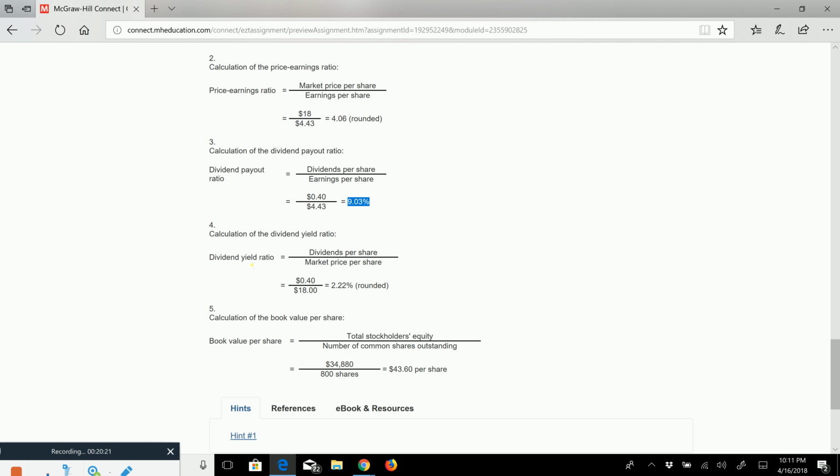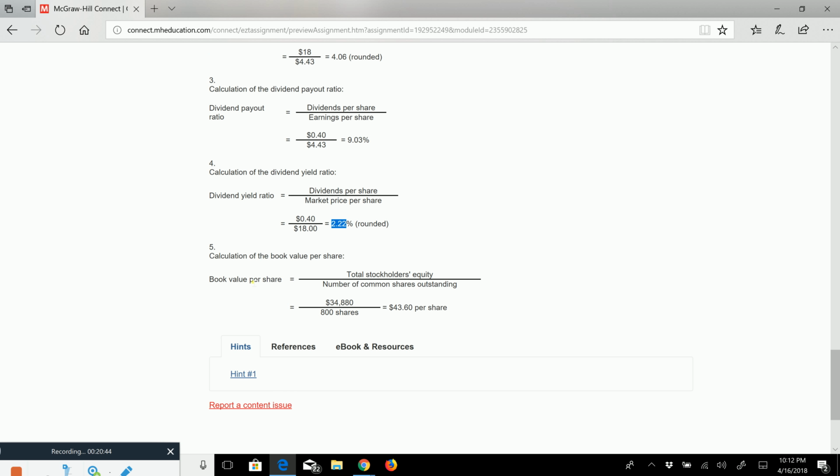All right, versus the dividend yield. The difference between the dividend payout and the dividend yield is in the denominator. The denominator of the dividend yield is the market price per share. So we can see it's 2.22%. Once again, just like the dividend payout ratio, we want to see the dividend yield be high. And then last but not least, the book value per share.